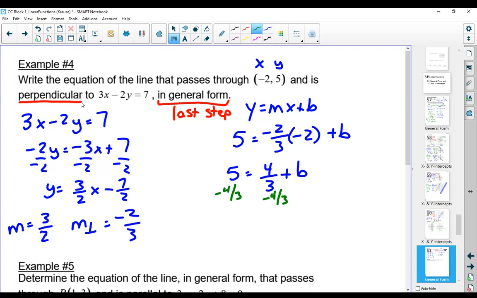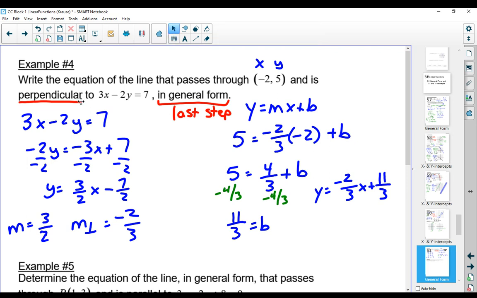Again, use your calculator to help you out if you need. 5 minus 4/3 is 11/3. Remember math frac. So my final answer here as an equation is y equals -2/3 x plus 11/3. If I've lost you on how to turn that into an equation, go back and review the 3.5 video.